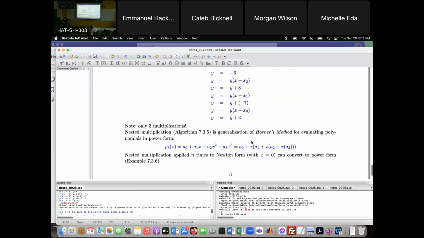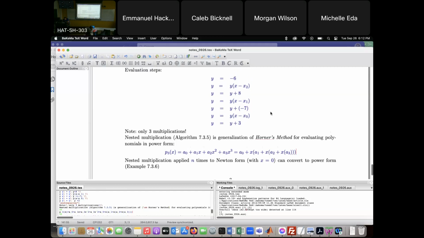Again, for whatever degree you have, n, it requires n multiplications. It also requires n additions. So using Horner's method with power form, that's the most efficient way to evaluate polynomials. So degree n, n multiplications, n additions.